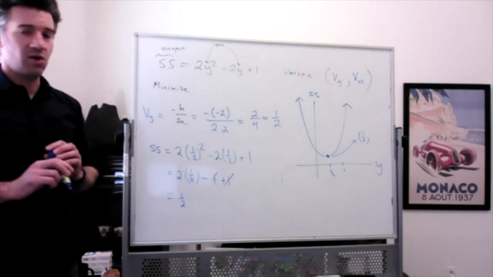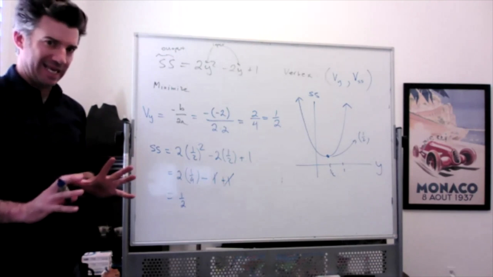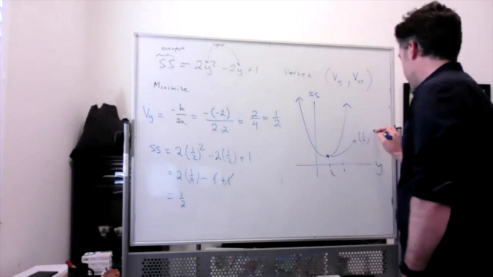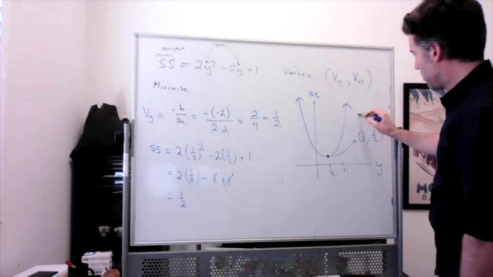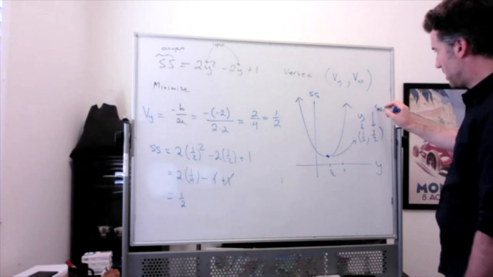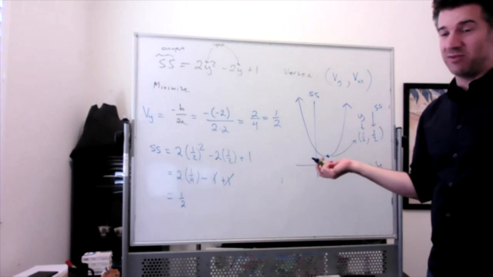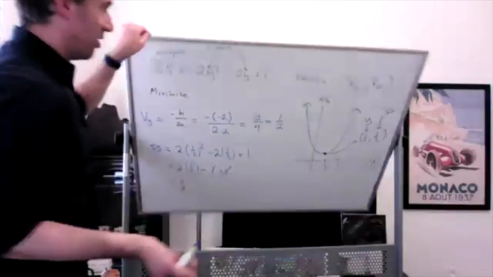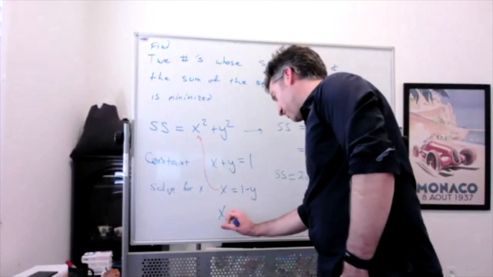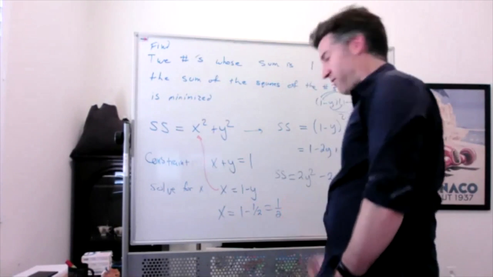Which is kind of interesting. So I will point out that this question might be slightly misleading. So the y value is 1/2. The sum of the squares is also 1/2. And it's also going to be interesting that if we go back and we actually find the x value, it is also 1/2.